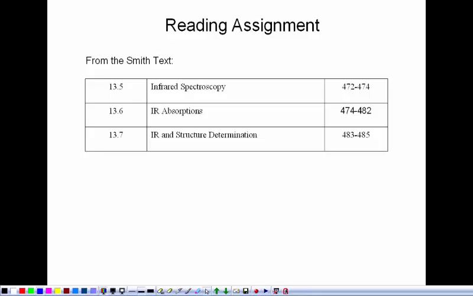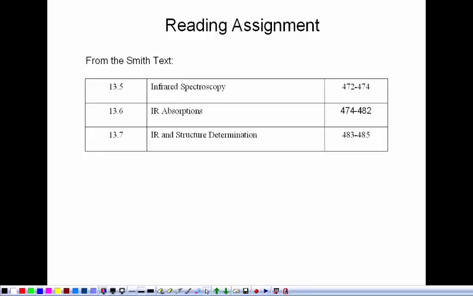So in terms of spectroscopy, what I want to do today is lay out what we need to know about spectroscopy, and then we'll talk about infrared, which I can do in one lecture. For each of the techniques, there's going to be a reading assignment.